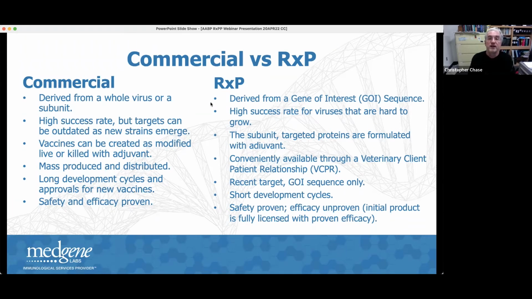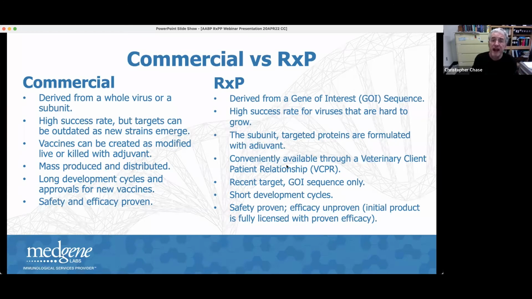So for the prescription vaccine, the advantage that we have is that we're using the gene of interest. If we have viruses that are hard to grow, all we need to do is get the gene that we know is protective and be able to express that. We're using subunit proteins, so it's very targeted in terms of the vaccine that we're using.